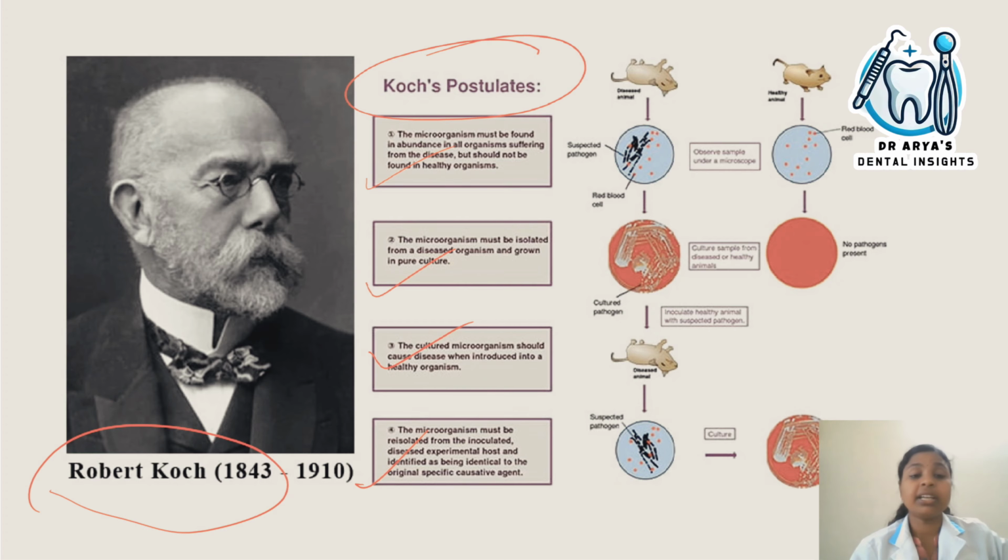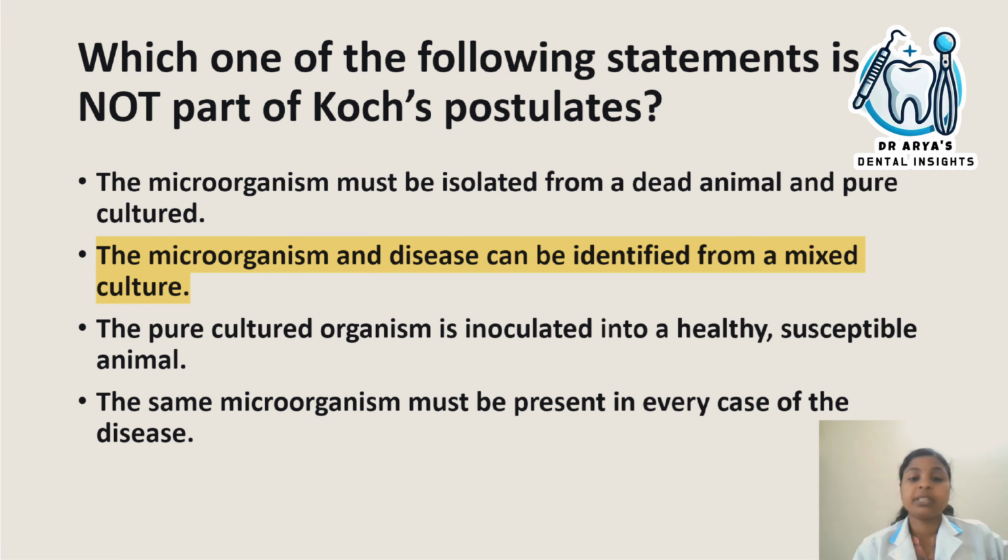So these are Koch's postulates. The options are: microorganism must be isolated from a dead animal and pure cultured; the pure cultured organism is inoculated into a healthy susceptible animal; the same microorganism must be present in every case of the disease. The exception is that the microorganism and disease can be identified from a mixed culture, and this is not a part of Koch's postulates.